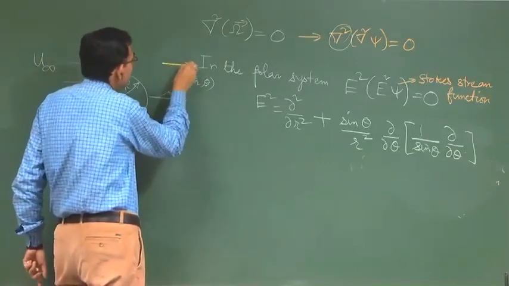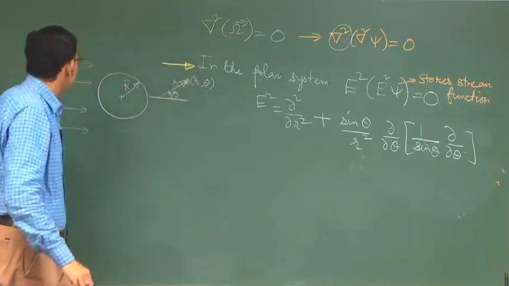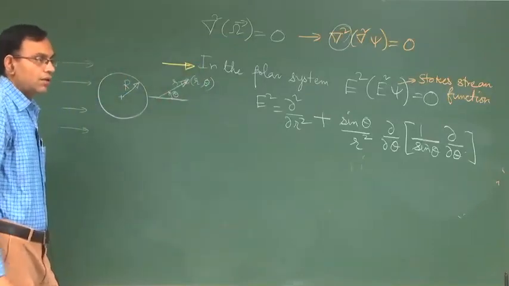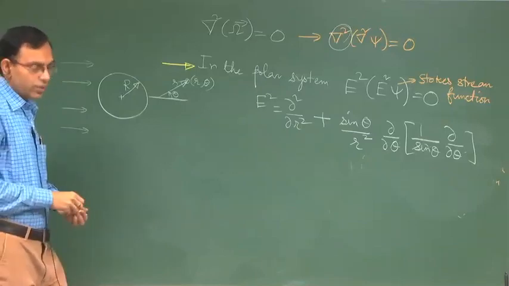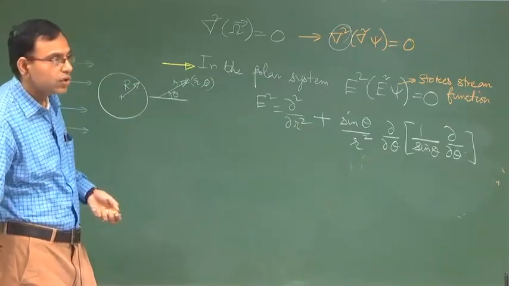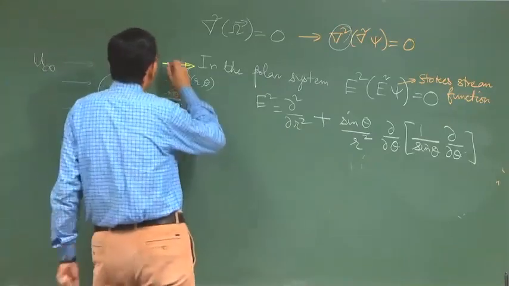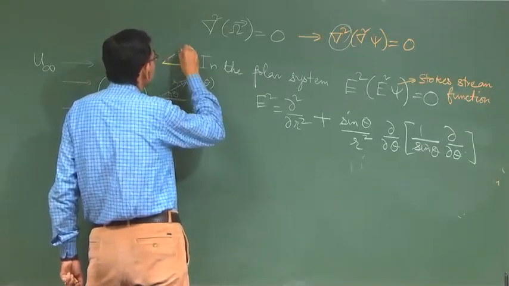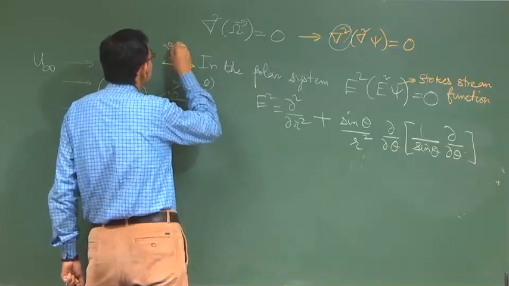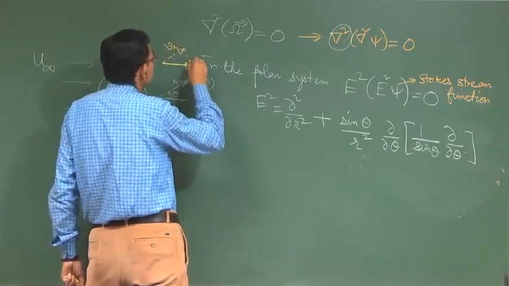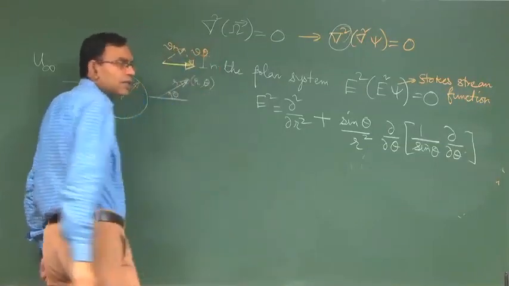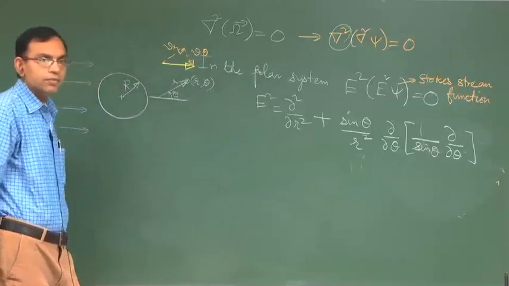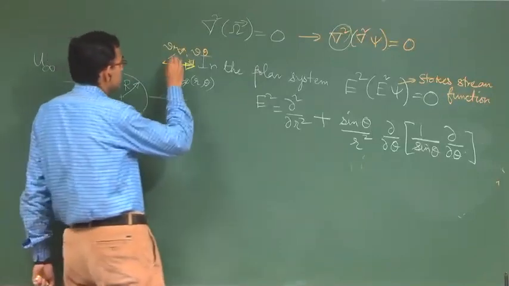So it will be u infinity, horizontal. This u infinity will have its own components, Vr and V theta.